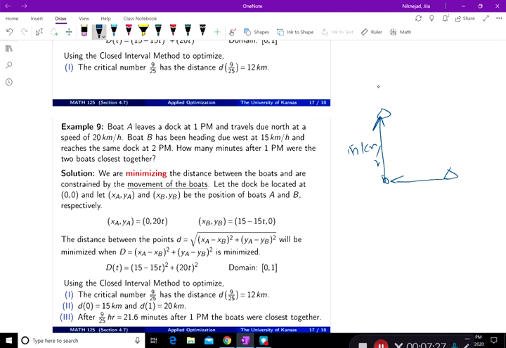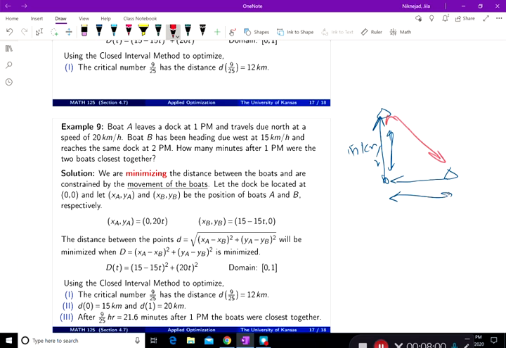One is going away from the dock, the other one is arriving at the dock. To find this, you have to find this distance, that distance, and then using the Pythagorean theorem, find the distance at any point between the two of them, and use that to find the minimum distance possible.